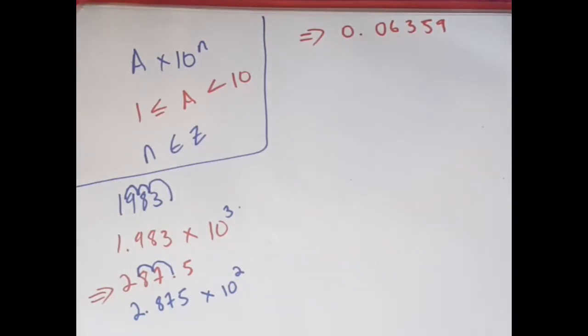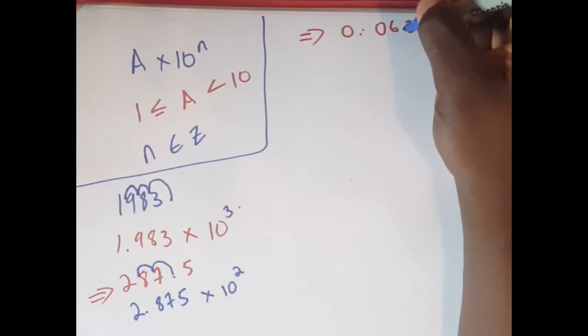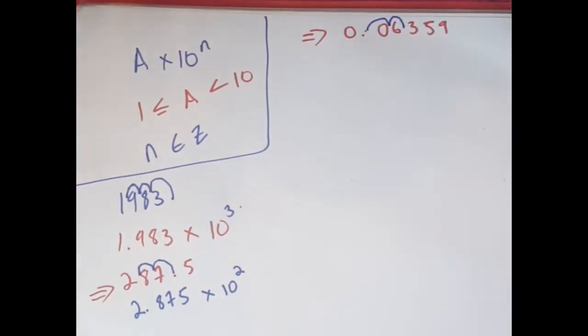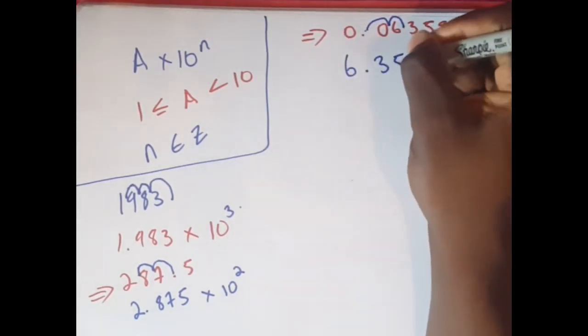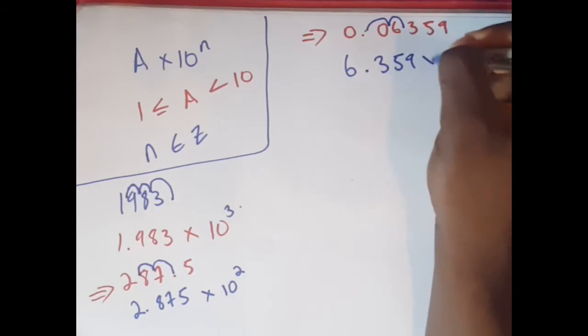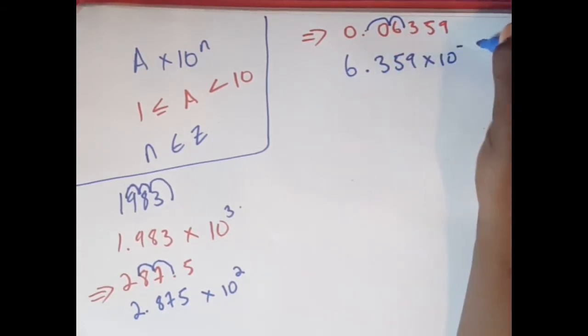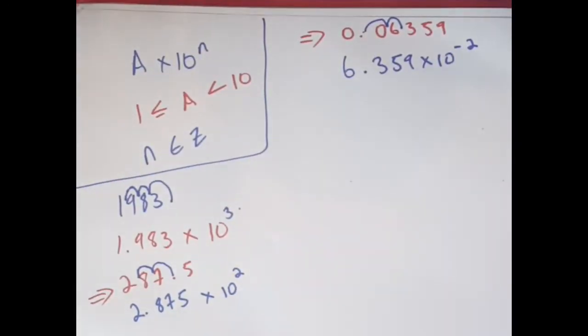To get that a, I would move this decimal point 2 places to the right. So I would have 1, 2, and I would get 6.359. And because you moved 2 places to the right, you would end up with a negative 2. And that's standard form or scientific notation.